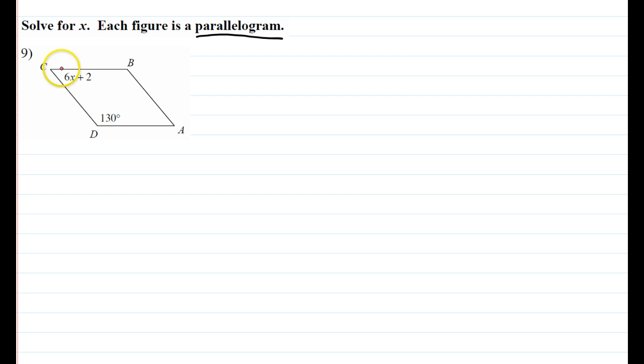Alright, so here we have this angle touching this angle, and so these are our consecutive angles, and we have talked about that when we have these two angles, they are going to add up to 180 degrees. So we just write that out, 6x plus 2, so this red angle plus the 130 is going to equal 180 degrees.